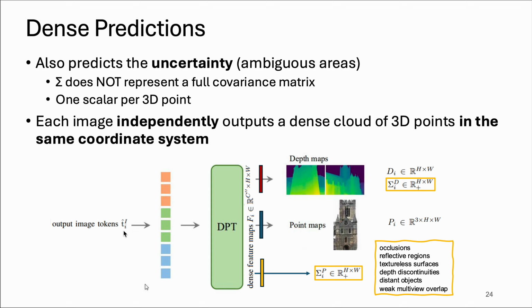For example, if 3 images are fed into this DPT module independently, similar to what happened with the camera head, all of the images are fed into the camera head and the DPT module independently. So there is no image attached to any other image.